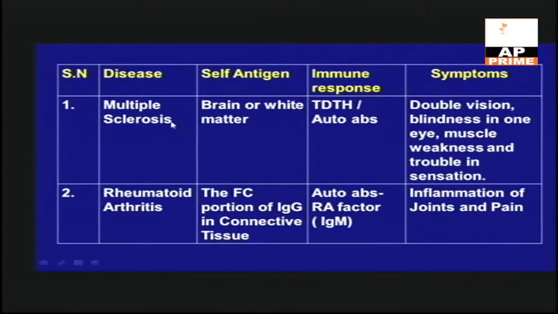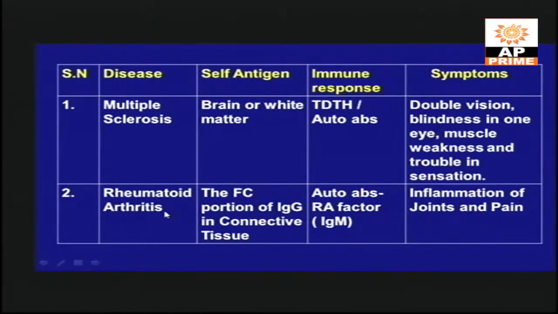And multiple sclerosis, where autoantibodies are produced against the brain's white matter, and the symptoms include double vision, blindness in one eye, muscle weakness, and also trouble in sensation.